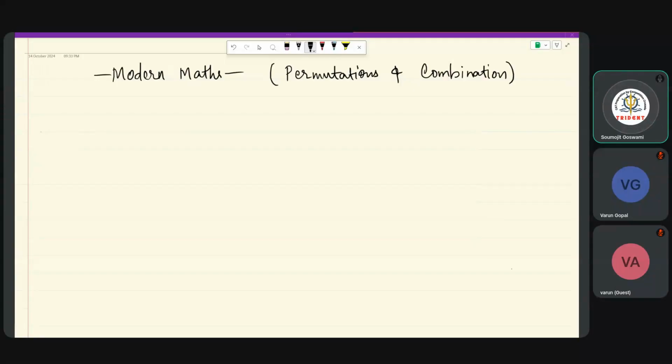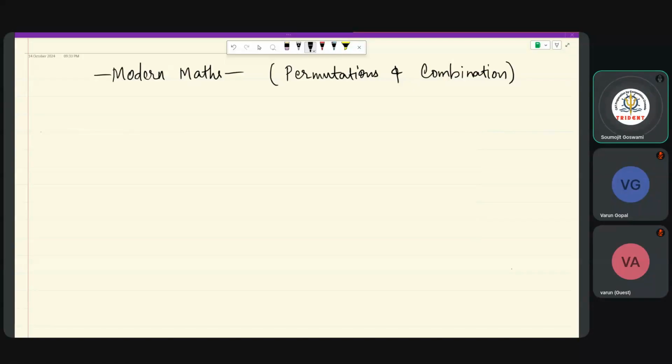But what I'm saying is that if you make errors, if you make mistakes, that is completely fine. Permutation combination is one of those topics which will become comprehensible only when you make enough and more errors or failed attempts. Only then will you understand.